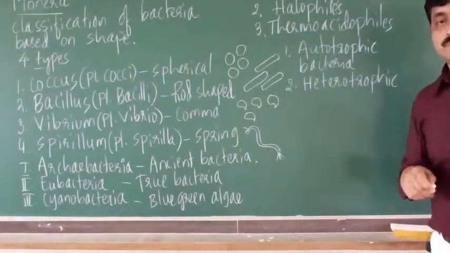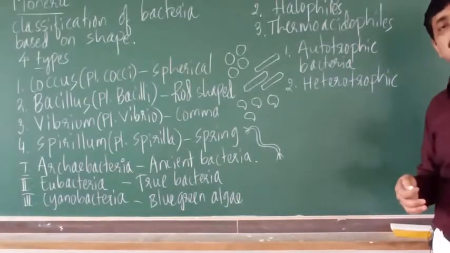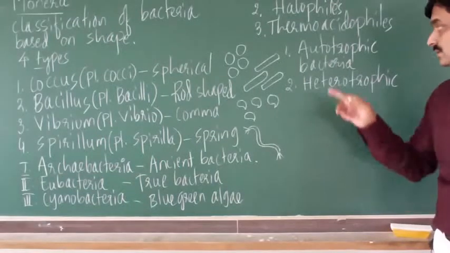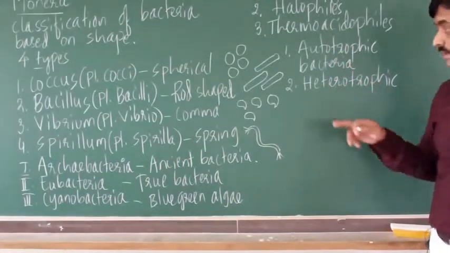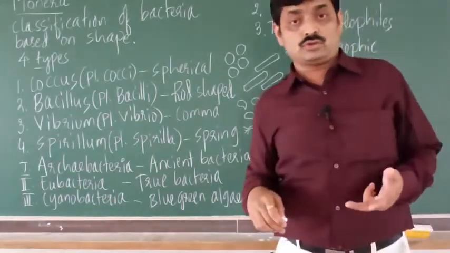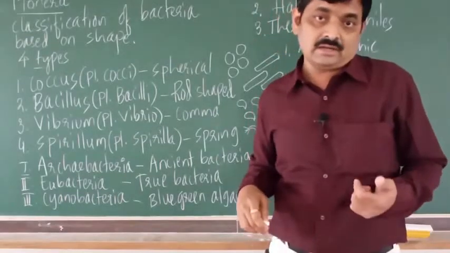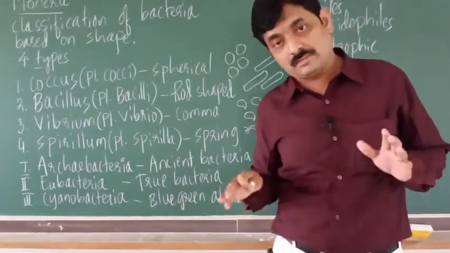So these are two groups. Now you know the meaning of autotrophic, right? Autotrophic means they can synthesize their food. So autotrophic bacteria are further classified into two groups. One is the photosynthetic bacteria and the second one is chemosynthetic bacteria.